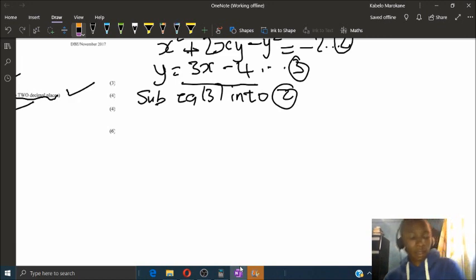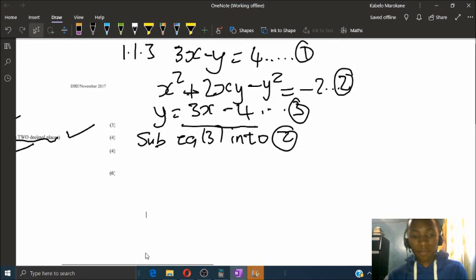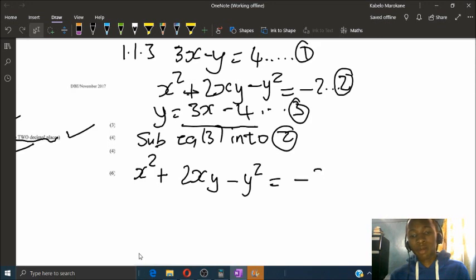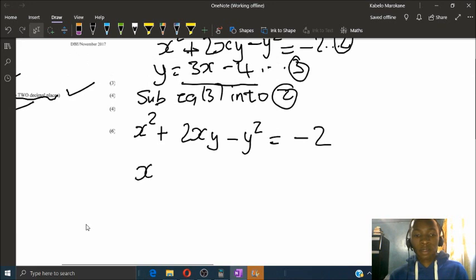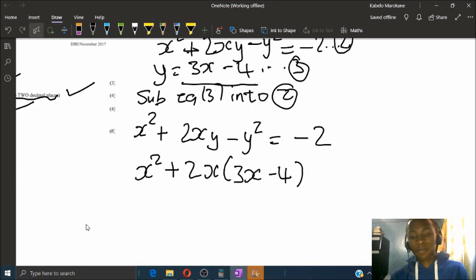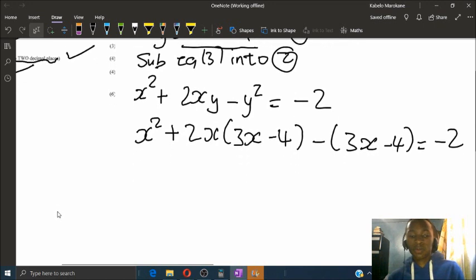Okay, so let's rewrite the second equation just underneath here. x squared plus 2xy minus y squared equals minus 2. So x squared plus 2x(3x minus 4) minus (3x minus 4) squared equals minus 2.